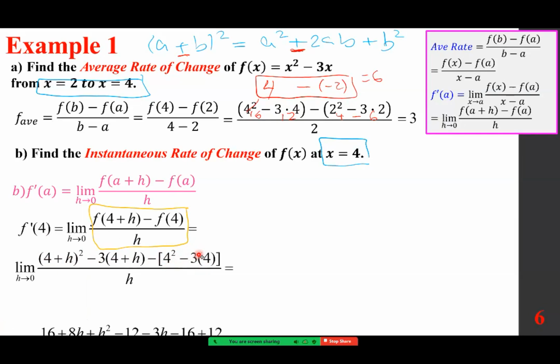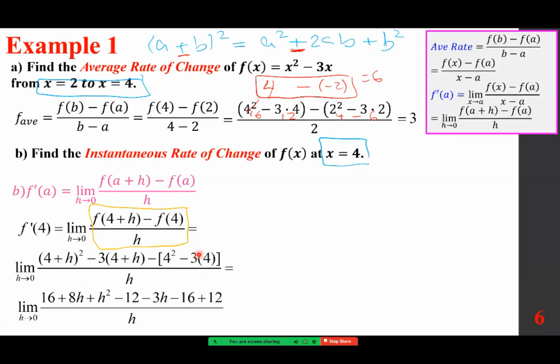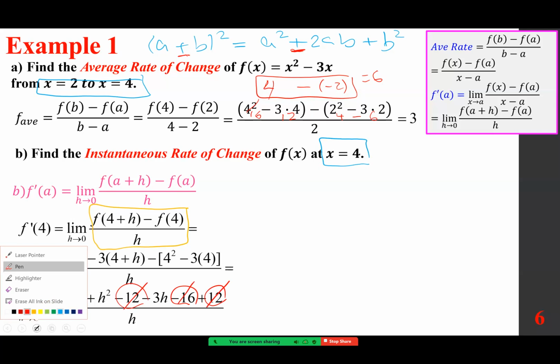The reason I do that is because it becomes pretty simple. If you look at all those numbers, everybody, 16 and minus 16, negative 12 and 12, they cancel each other. 8h minus 3h, 5h.